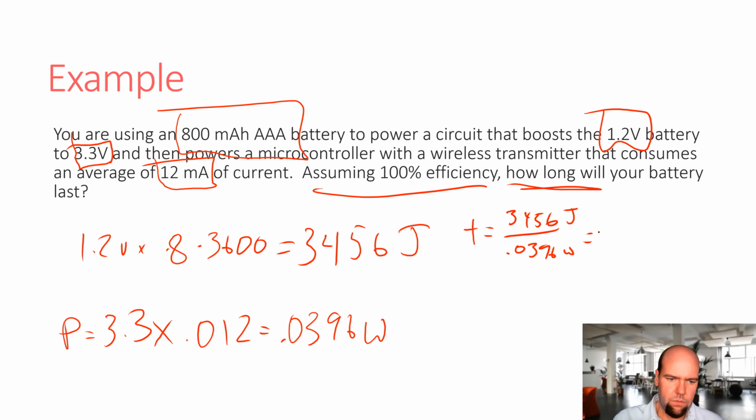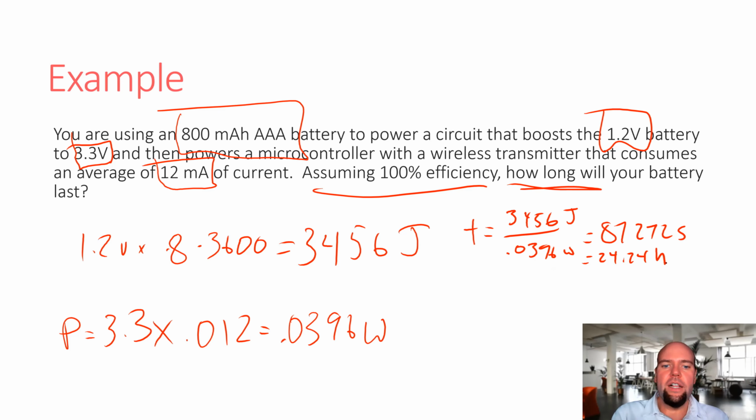So I get 87,272 seconds. If we want to know something a little more useful, I don't know how much 87,000 seconds is. That doesn't have much meaning to me. So dividing it, 24.24 hours. All right, it's going to last a day. So off this one AAA, this circuit's going to last a day. That's kind of cool.